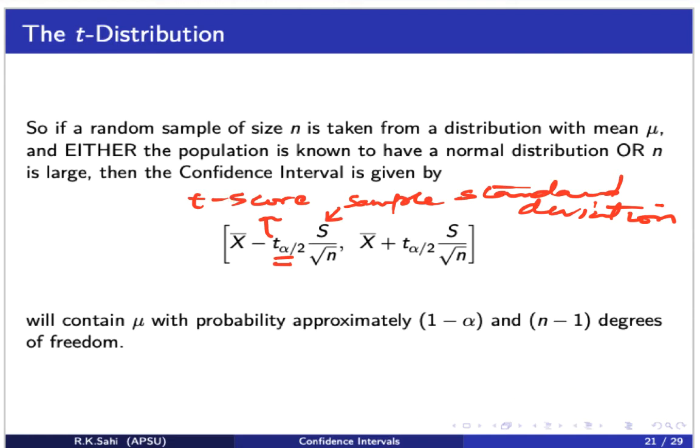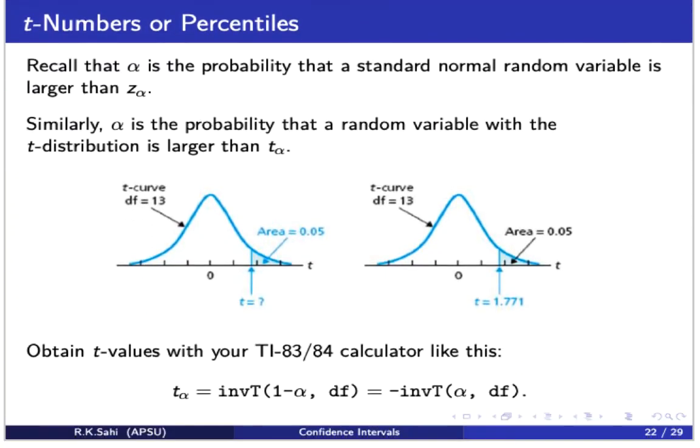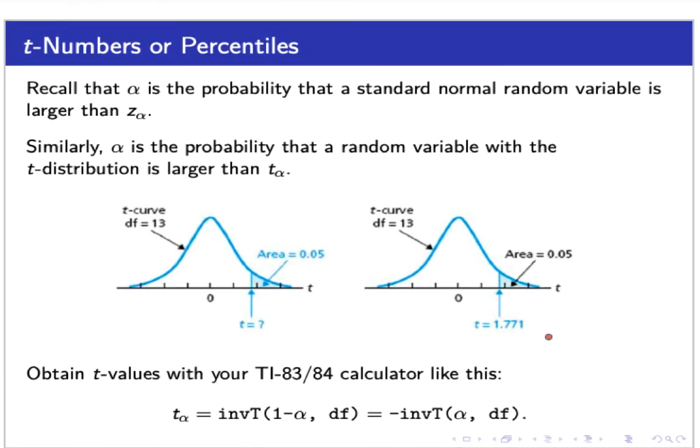Okay, now let's look at how to do a little bit of math here to find t alpha by 2 and degrees of freedom. Now, what is the meaning of alpha? Remember, alpha is the probability that a standard normal random variable is larger than z alpha.